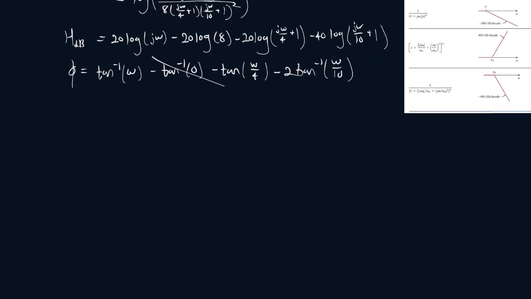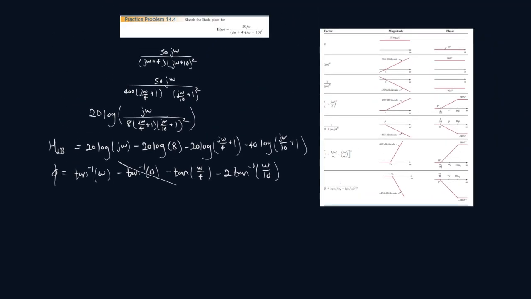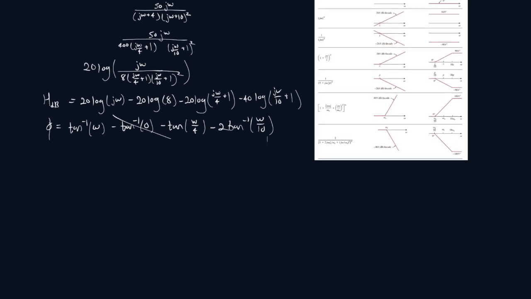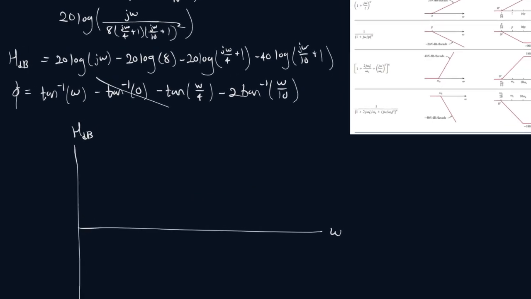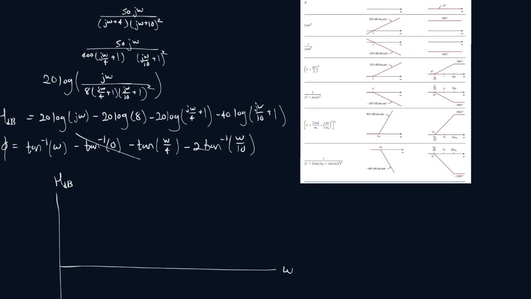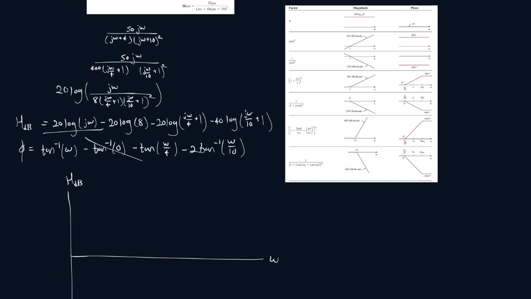So now let's sketch the Bode plot, and we're going to be using this sheet to help us out. Alright, now let's start this. This one we see matches with this.